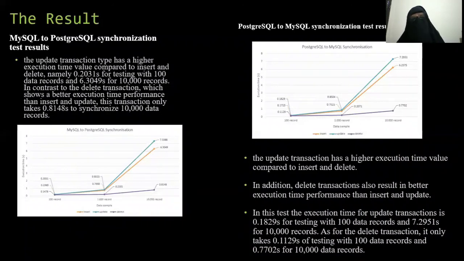Based on the execution times in the test results that have been described, it can be concluded that the entity relationship method has a shorter synchronization process time when compared to the MD5, or message digest 5, method in previous studies.